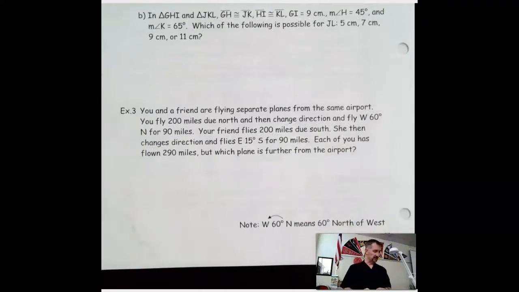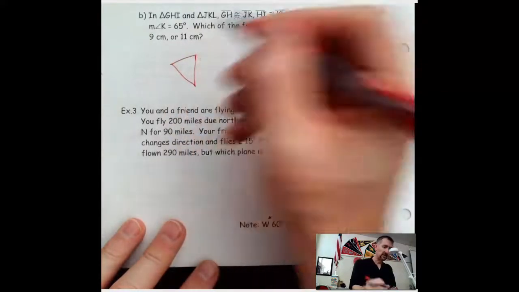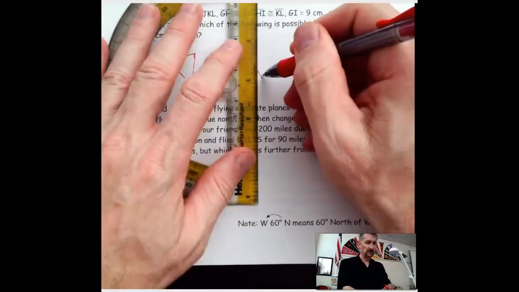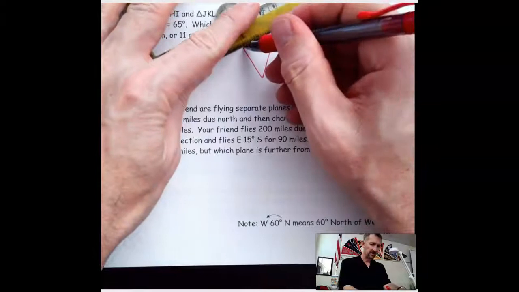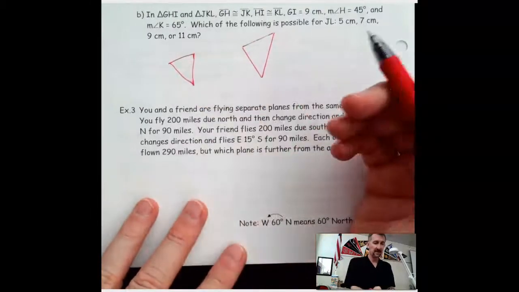So this looks like a similar question. I'm just going to sketch out two triangles again. I really could have used my protractor to make that look a little better. Again, I'm not that concerned about it matching up perfectly; I'm just trying to get an idea of what's happening here.